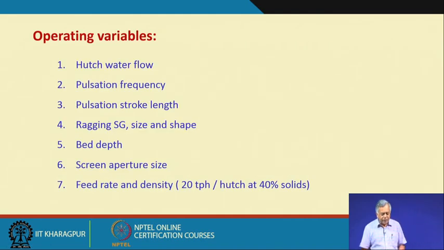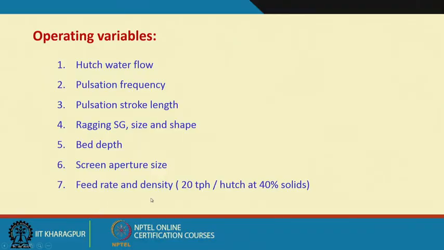So, what are the operating variables in a jig? That is hutch water flow, that is at what rate the hutch water is flowing, pulsation frequency which controls the hutch water flow, pulsation stroke length, again controlling the hutch water flow rate, ragging specific gravity, size and shape we have already discussed, bed depth, that is what is the depth of your bed.